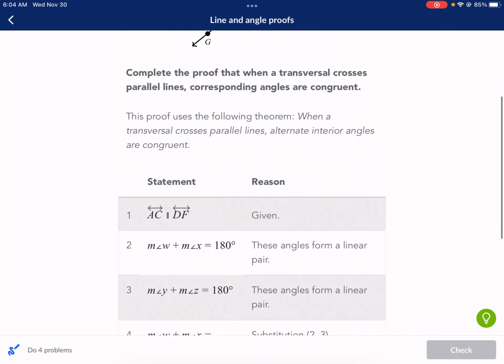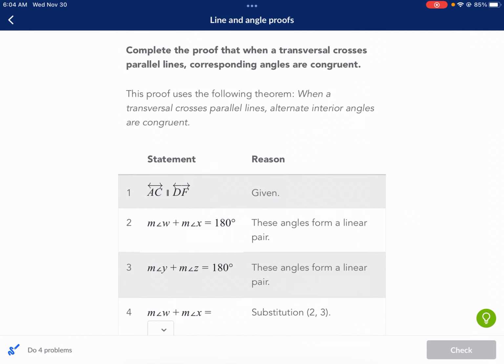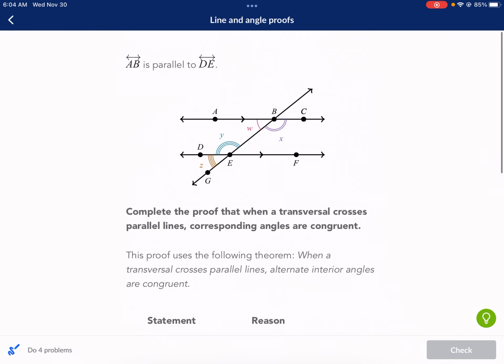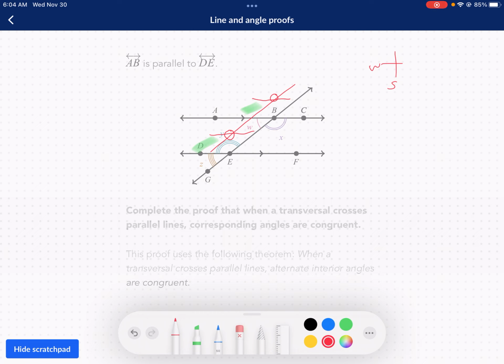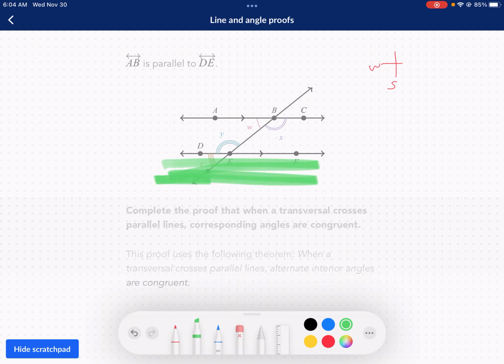So it says this proof uses the following theorem. When a transversal crosses parallel lines, alternate interior angles are congruent. Real quick on what alternate interior angles are. There's a natural space created when we have parallel lines and a transversal. We have the exterior space, on the outside of those parallel lines, and the interior space, inside between those two parallel lines.